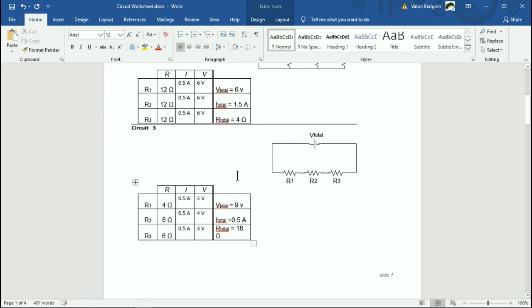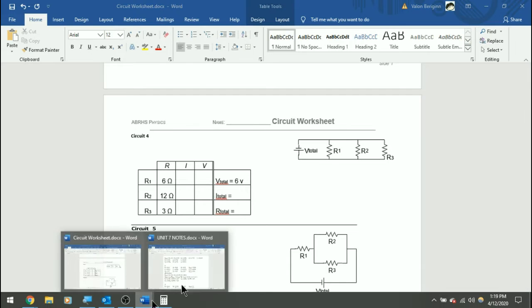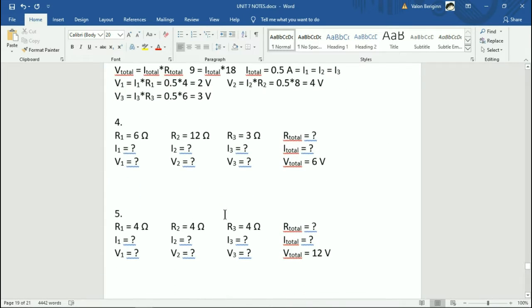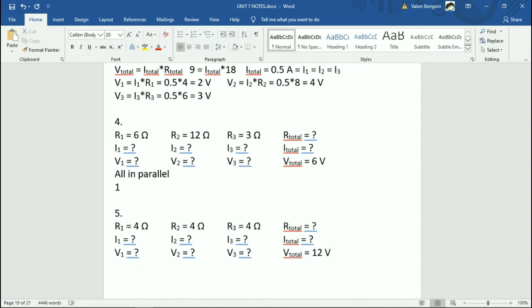Okay, next up, circuit number 4. Now, same kind of situation. It's parallel again, but now the numbers are different. So, all in parallel. So, 1 over R total equals 1 over R1 plus 1 over R2 plus 1 over R3. Okay, so we have 1 over 6 plus 1 over 12 plus 1 over 3.